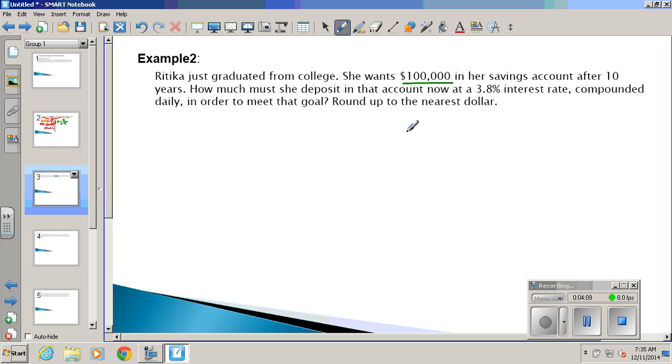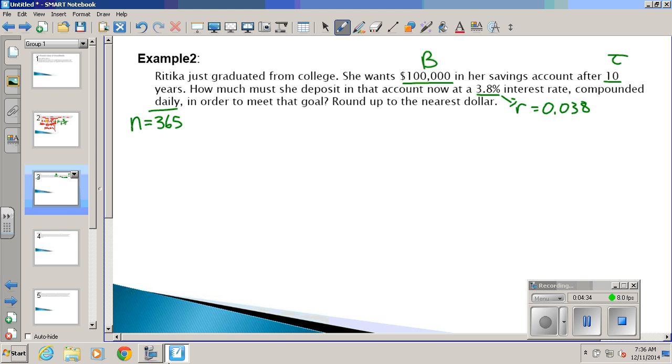She wants $100,000. That's the balance she needs. 10 years is my time. 3.8 is my rate. So this gives me a rate of 0.038. It's compounded daily. So that means that n, number of times it's compounded in the year, is 365.